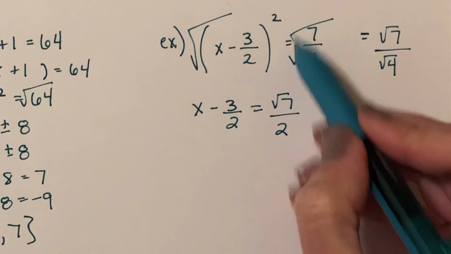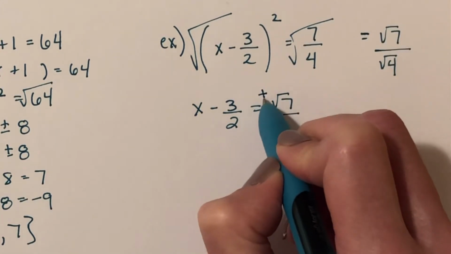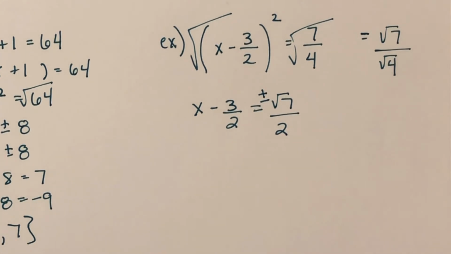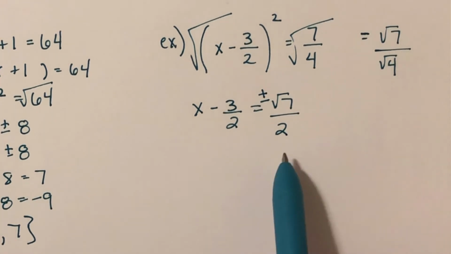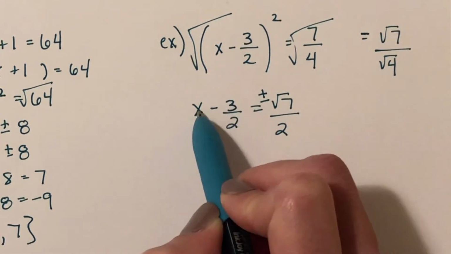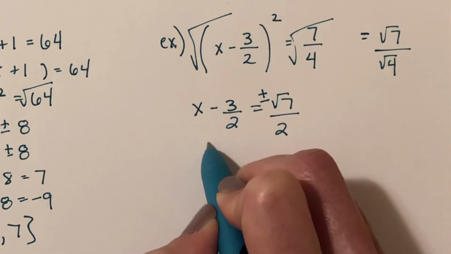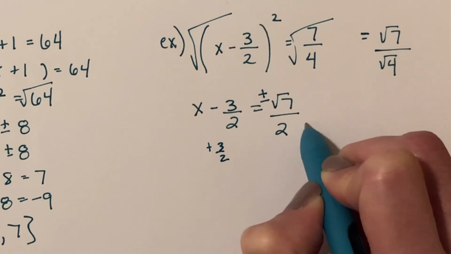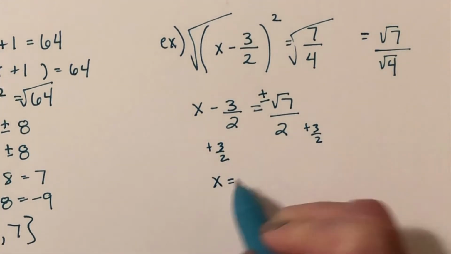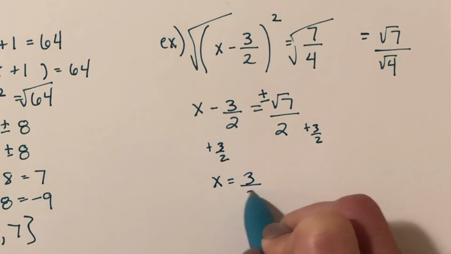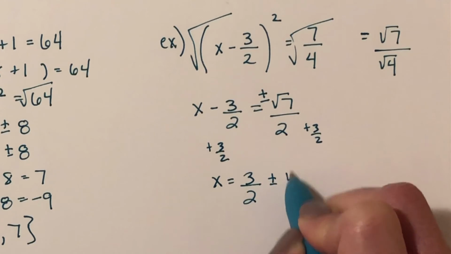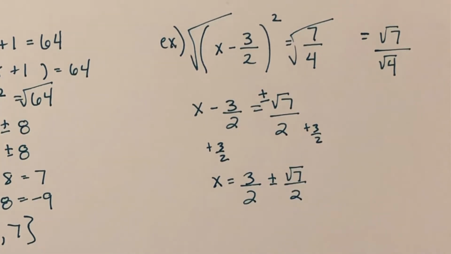Because I'm taking the square root, I have to take the positive and negative of them. Okay, now this is looking a little like before. The only difference is I have some fractions, which are okay. I want to just get x equals, so I'm going to add 3/2 to both sides. I get x equals 3/2 adding and subtracting the square root of 7 over 2.